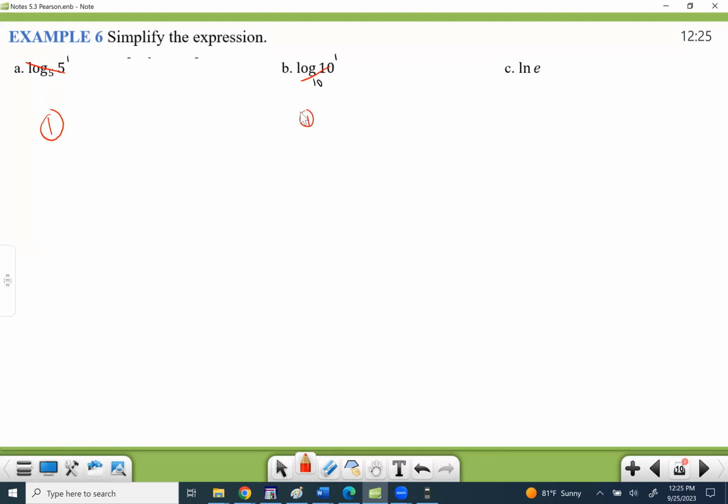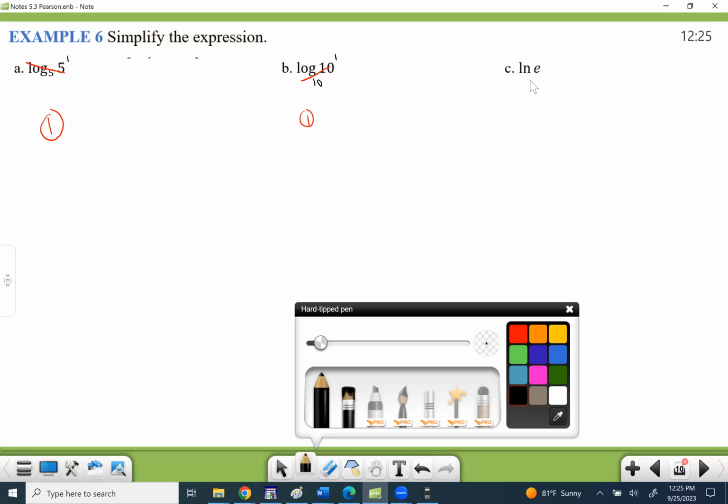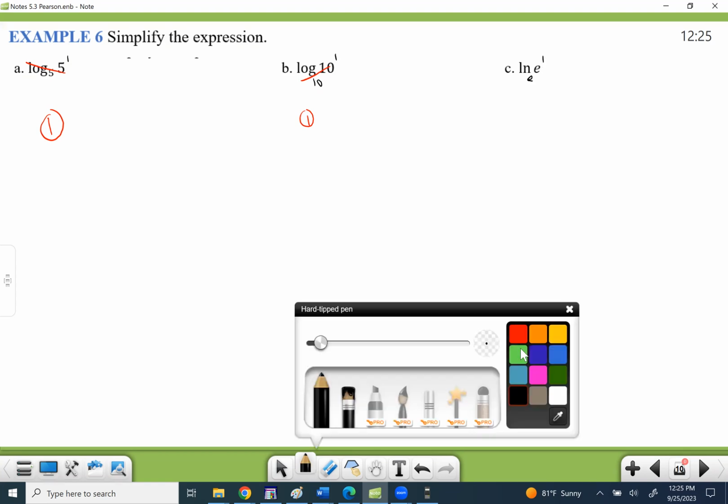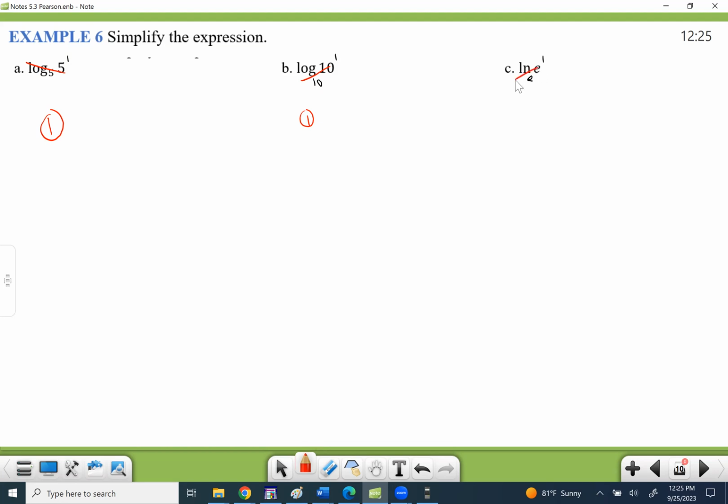And this is the third one that's exactly the same. The base for natural log is e, and there's always a 1 exponent. So you can see that we have the same exact base on the log as we do on the exponential. They're going to undo each other. Just 1 is going to be the answer.